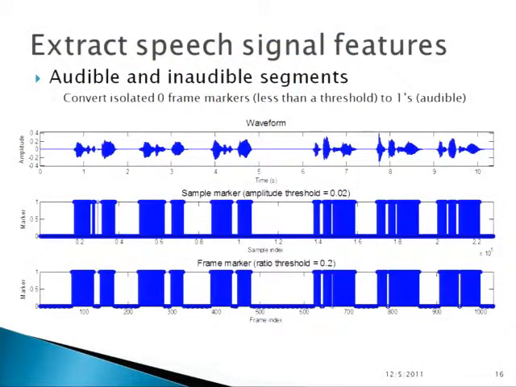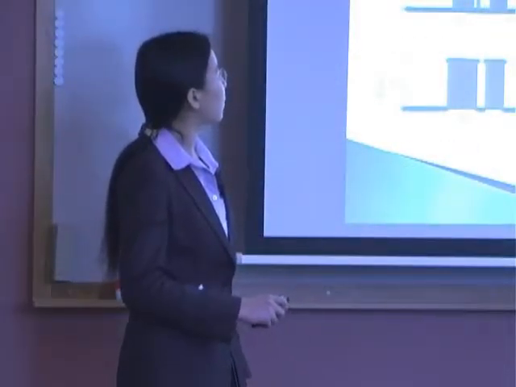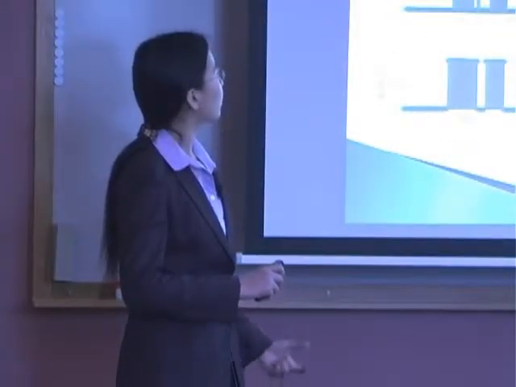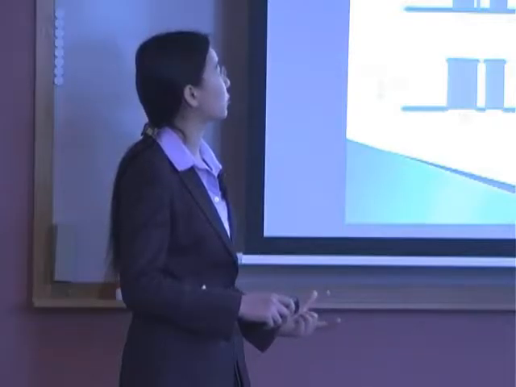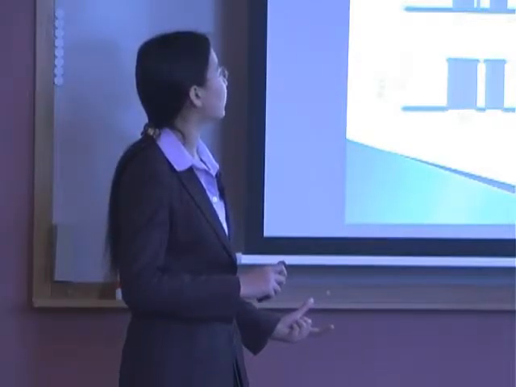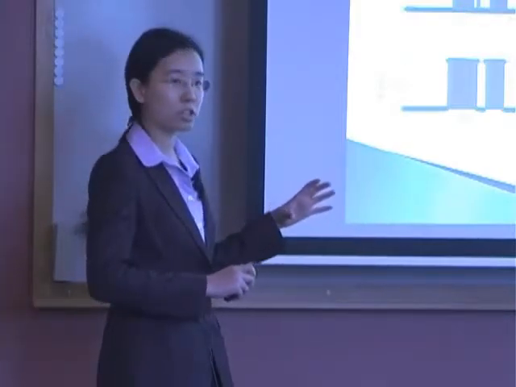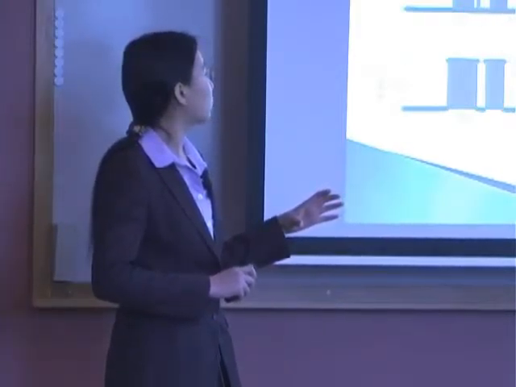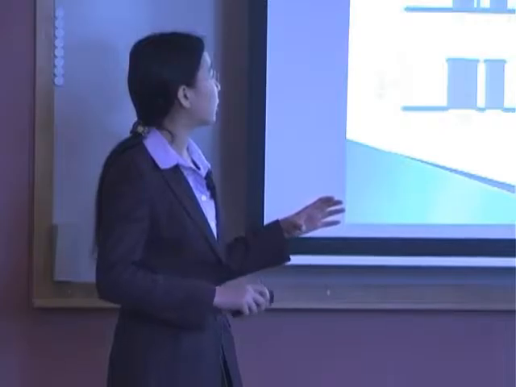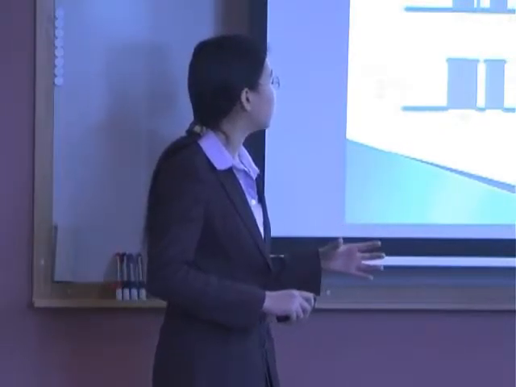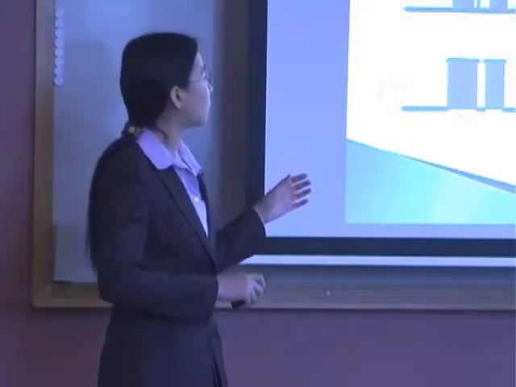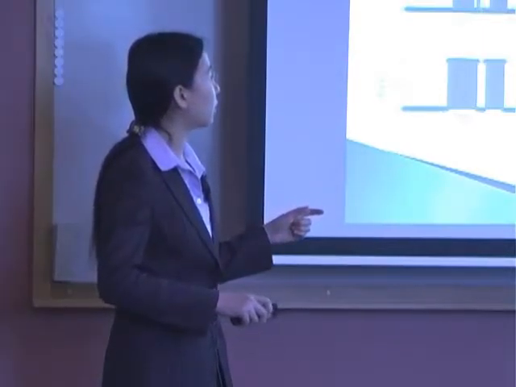This shows the waveform, where there are 6 utterances separated by the spaces here. If the amplitude of the sample is greater than a threshold, we mark it as 1. The second subfigure shows the sample marker. And this one is the frame marker, which comes after smoothing the sample marker.